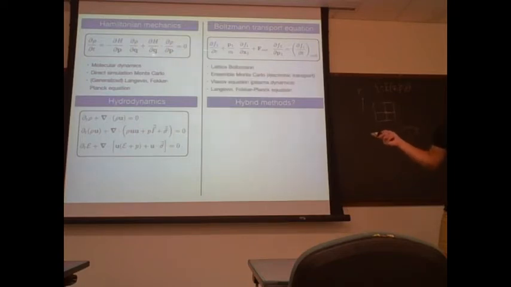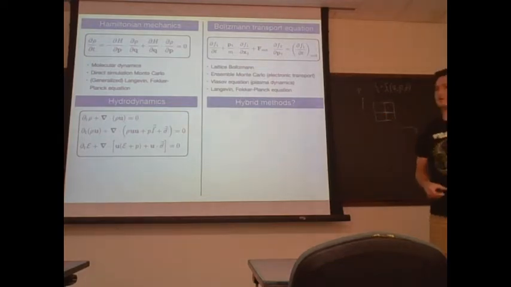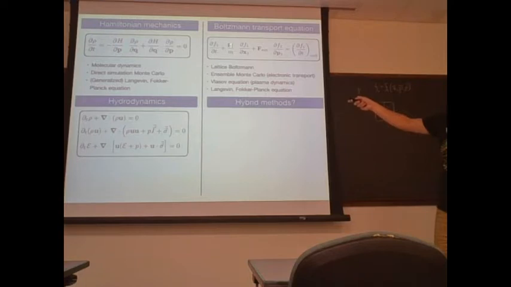Over here, if you somehow can get rid of a bunch of extra degrees of freedom, if there's a principled way to do that, then you can do something like the lattice Boltzmann method. That's basically taking the Boltzmann equations and moving stuff on a discrete lattice. Ensemble Monte Carlo, which Ian does, is basically you take a particle and stream it forward.